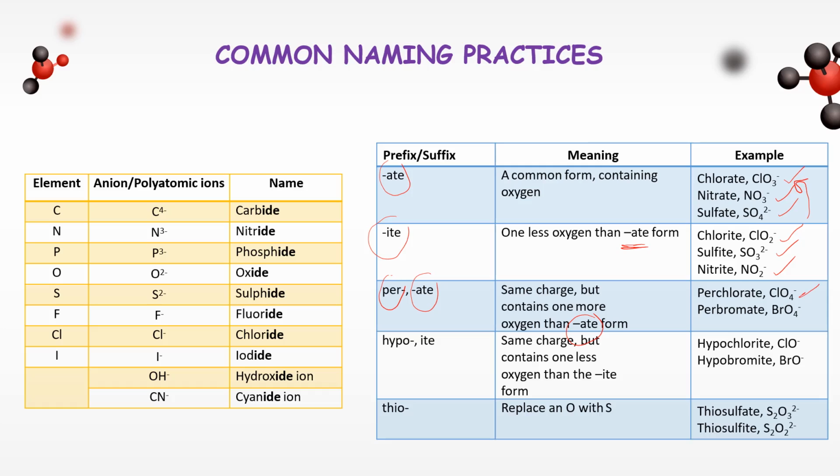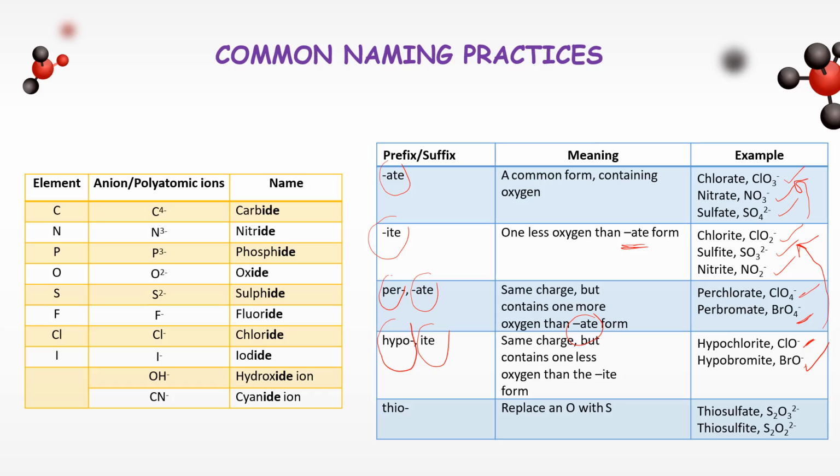Perbromate BrO4-, also one extra oxygen atom. Next, we have the prefix "hypo" and suffix "ite", with the same charge but one less oxygen atom than the "ite" form. So here we have hypochlorite ClO-, because there is one less oxygen atom than the "ite" form. The same goes for hypobromite BrO-.